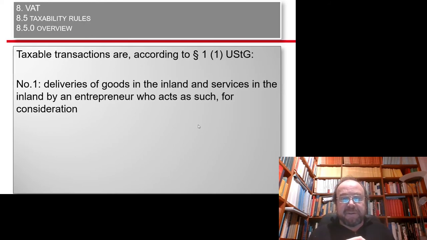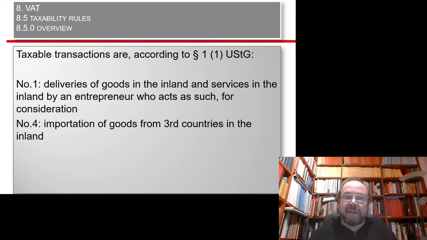As this is a simplified introduction, we will leave out in the further discussion the entrepreneur acting within the entrepreneurial activities range and for consideration, because that's usually plain and simple. You will probably be confronted with that in later parts of your study program.